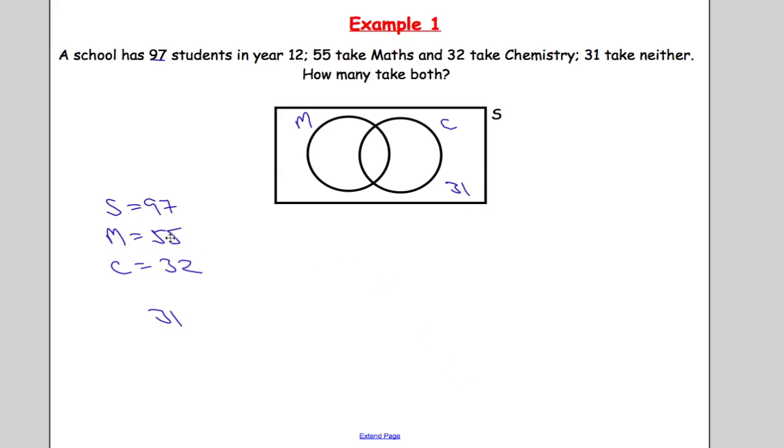Now, if I look at maths, that's going to be given as 55 out of 97. So 55 out of the 97 students take maths. That's the probability of finding a student that did maths. I also know that a student that did chemistry is going to be 32 out of 97.